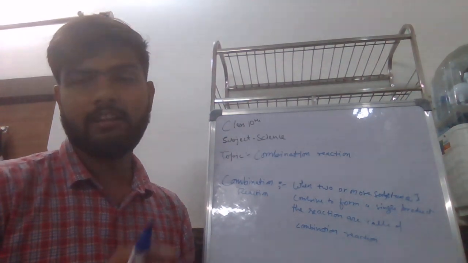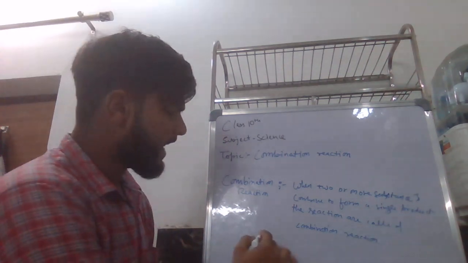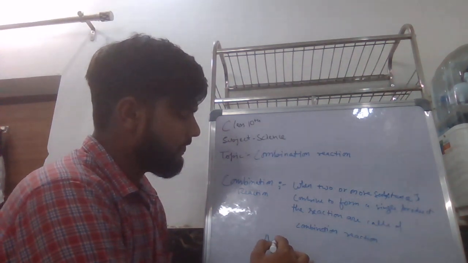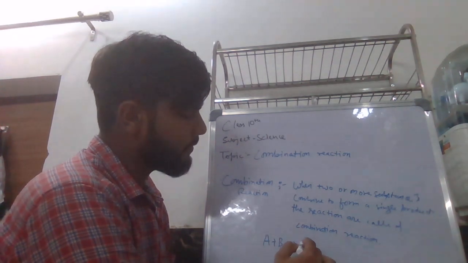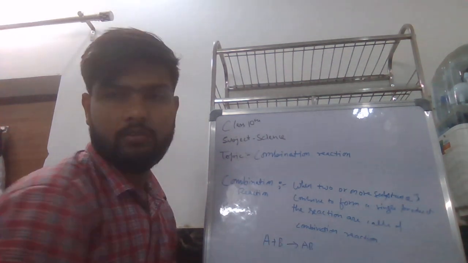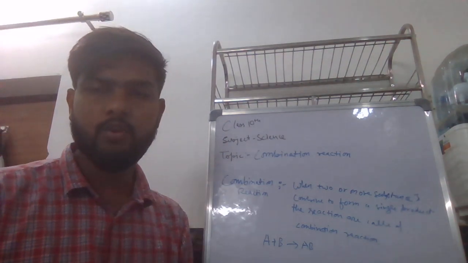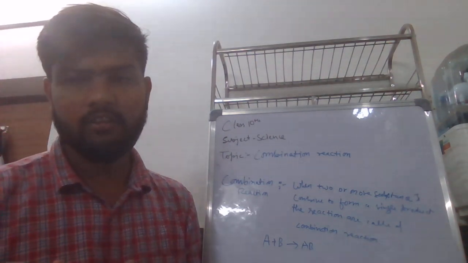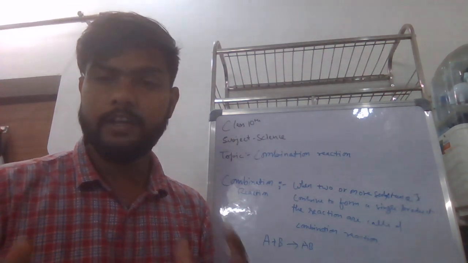The general form of a combination reaction is, when we add A plus B, it becomes AB. For example, solid sodium metal reacts with chlorine gas to produce solid sodium chloride.